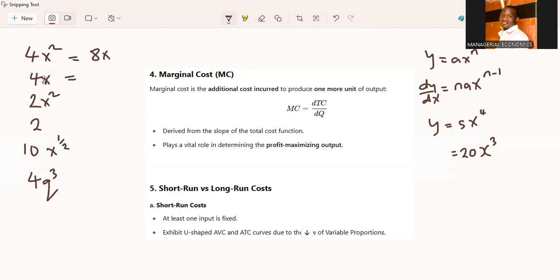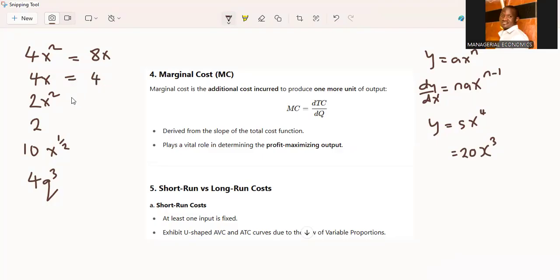So who wants to try, what is the derivative of 4x? So there's a power 1 there. So 1 times 4 is 4. Then here there's a power 1, 1 minus 1 is 0.